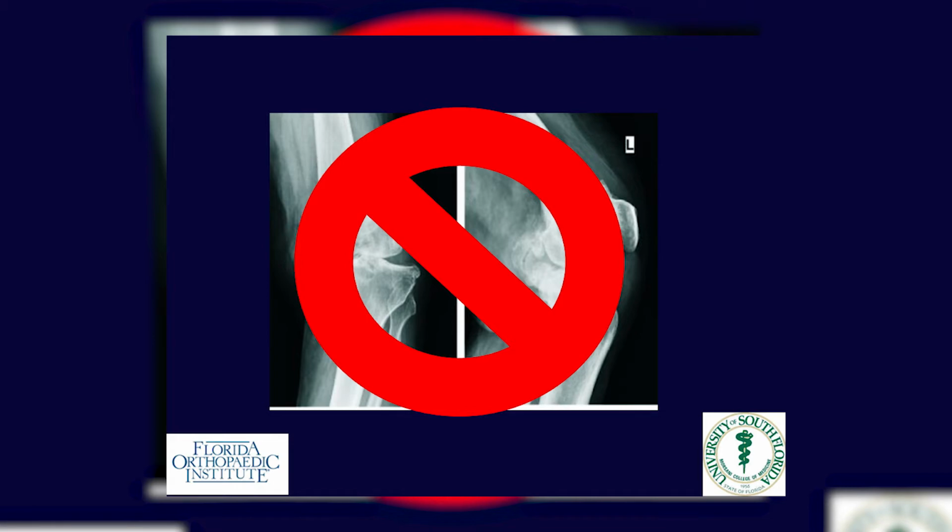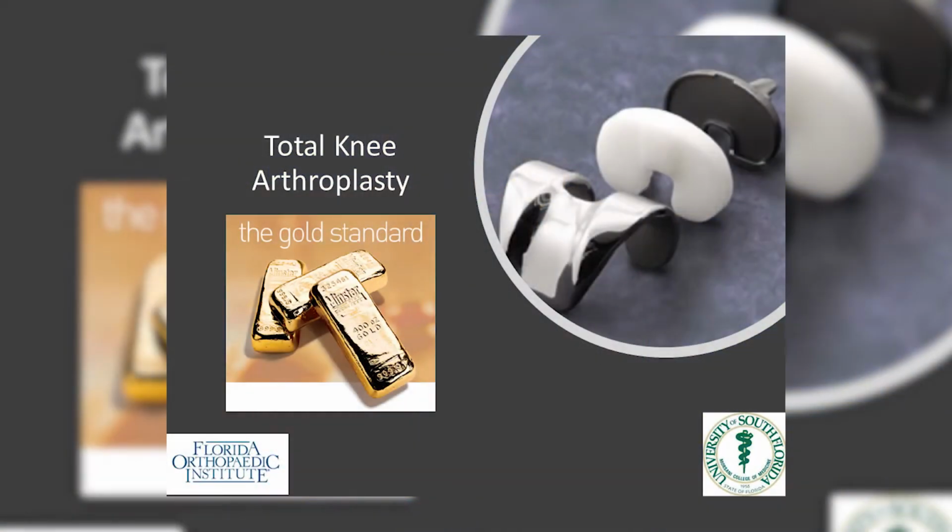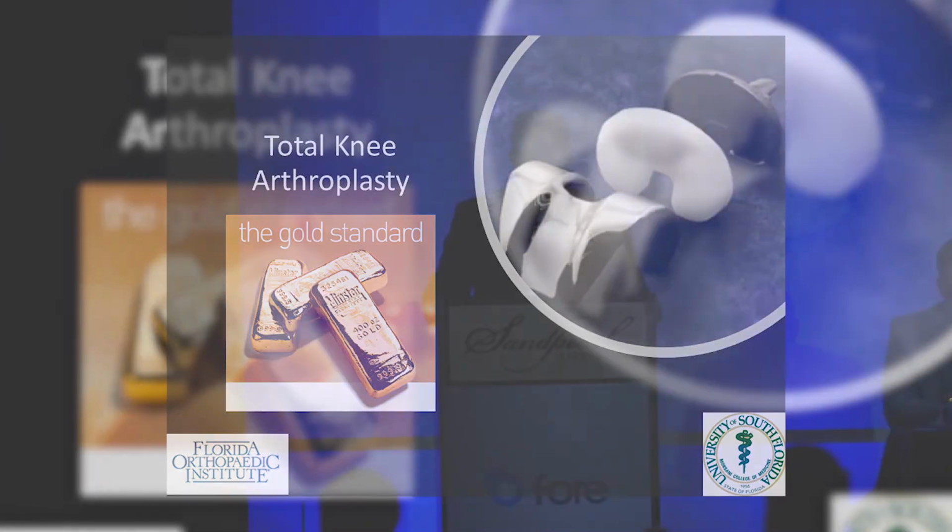Cases where you have severe femoral or tibial bone loss with severe deformities, these are obviously not cases where you can consider a partial knee. Total knee arthroplasty continues to be the gold standard for knee arthritis, even in the case of isolated medial or lateral tibial femoral disease.